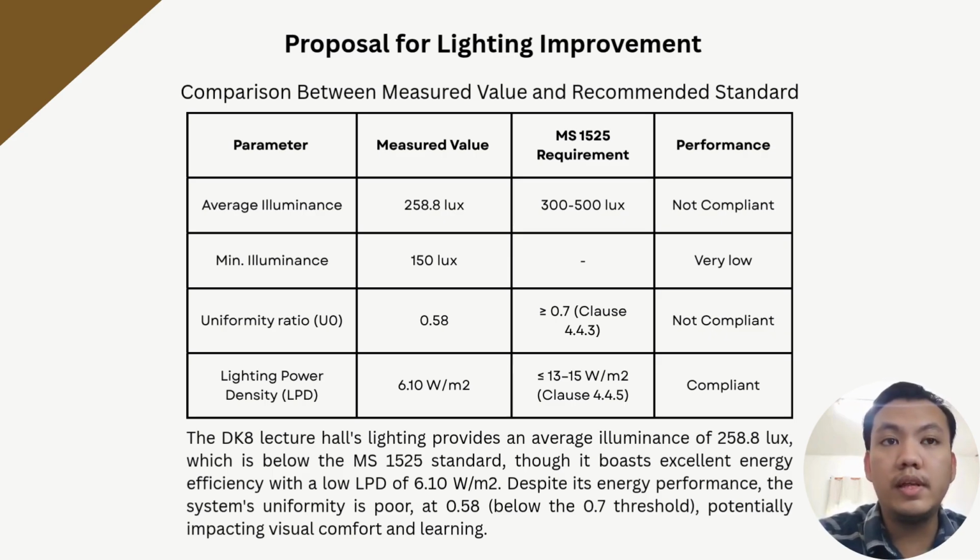Though it boasts excellent energy efficiency with a low LPD of 6.10 watts per square meter. Despite its energy performance, the system's uniformity is poor at 0.58, which is below the 0.7 threshold, potentially impacting visual comfort and learning in the lecture hall.